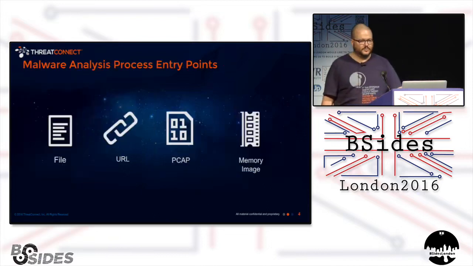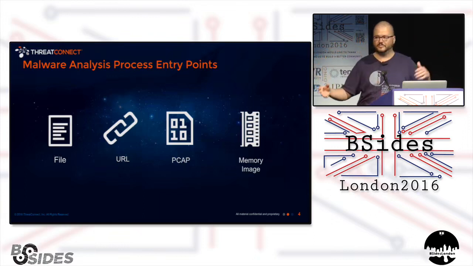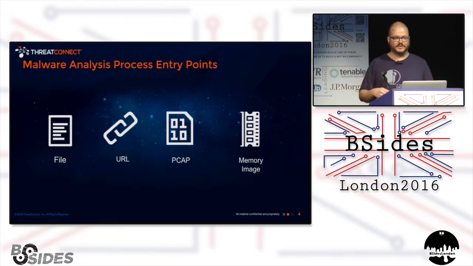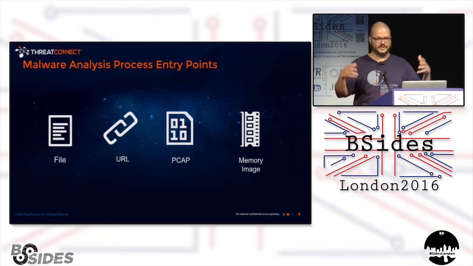So I'm going to focus on 4 entry points in the malware analysis process. There's a lot more than this. There are many places you can begin a malware analysis process, but what I wanted to do is narrow it down to the 4 major ways that you can enter a malware analysis process. So you have a file. A file can be any executable file.